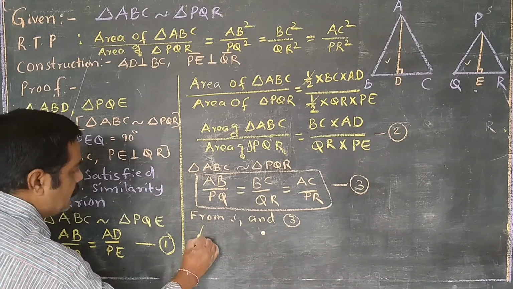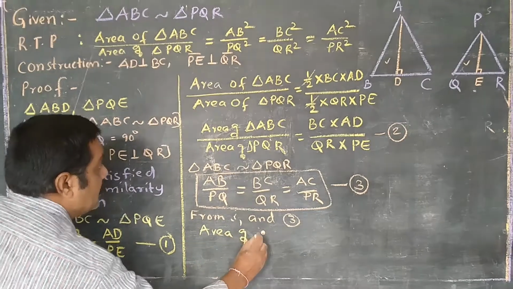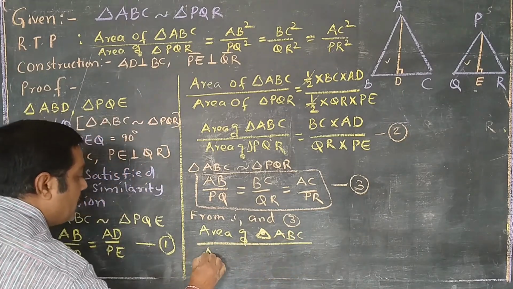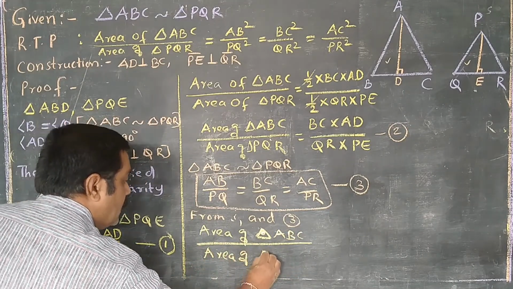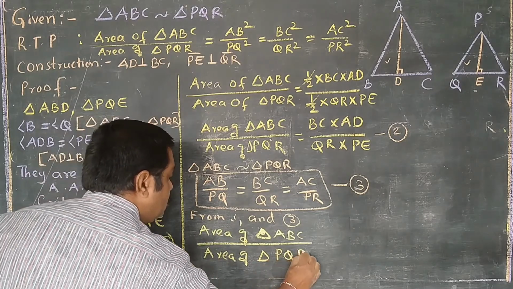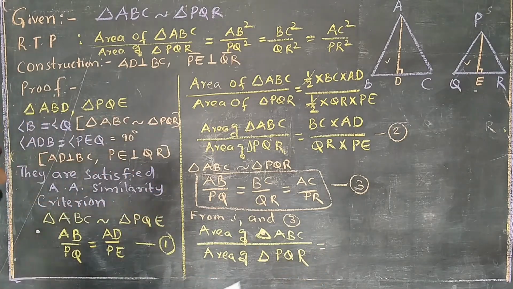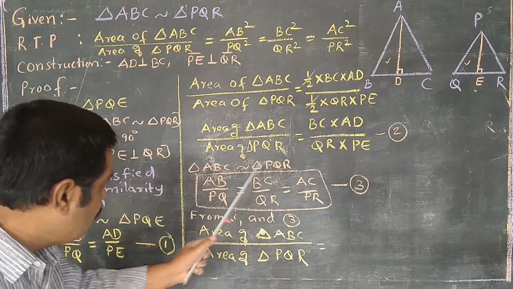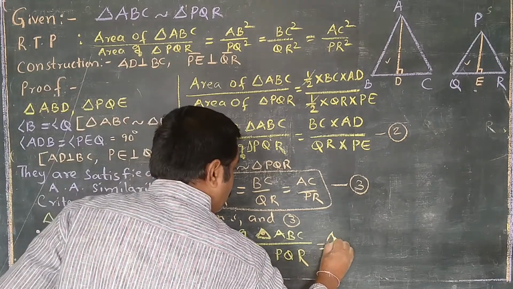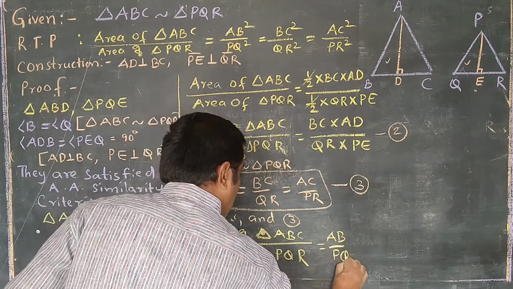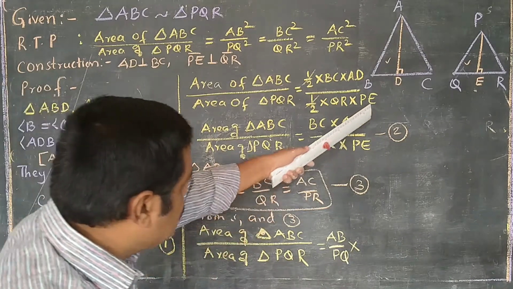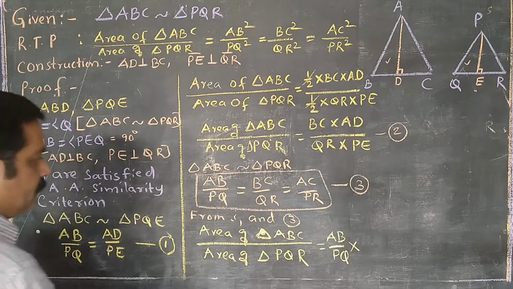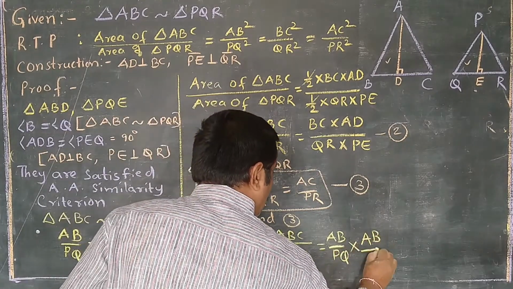So area of triangle ABC by area of triangle PQR is equal to, instead of BC by QR, AB by PQ, and into, instead of AD by PE, AB by PQ.